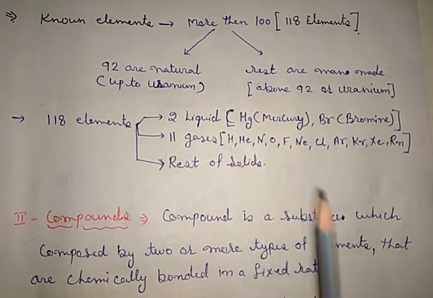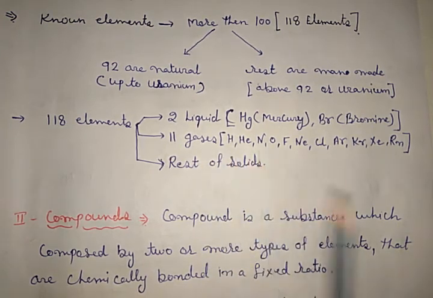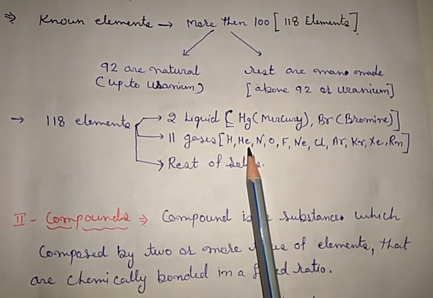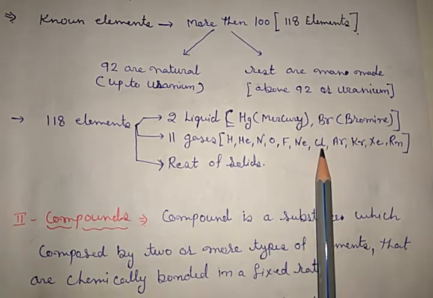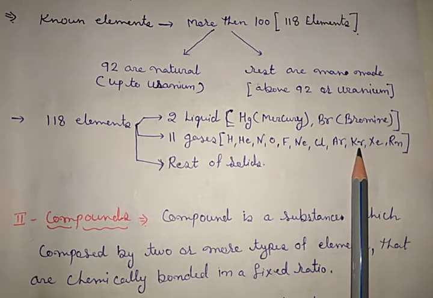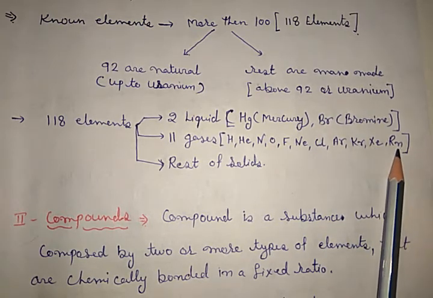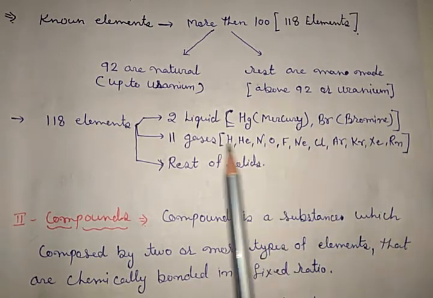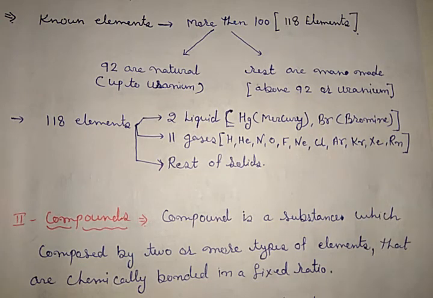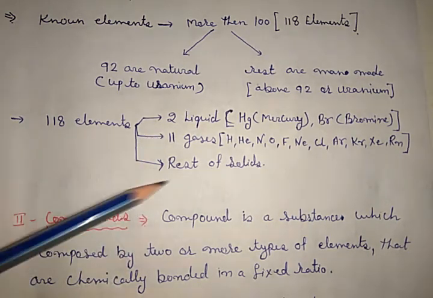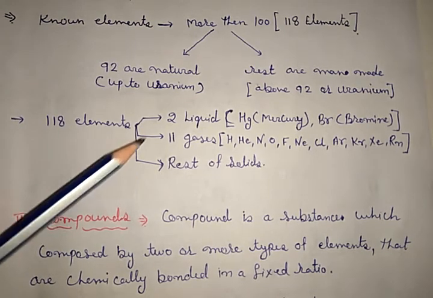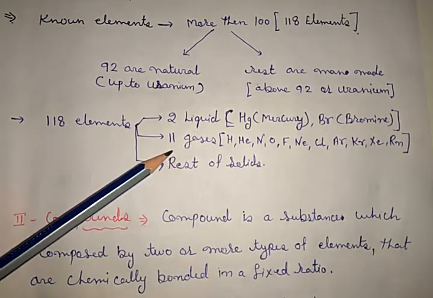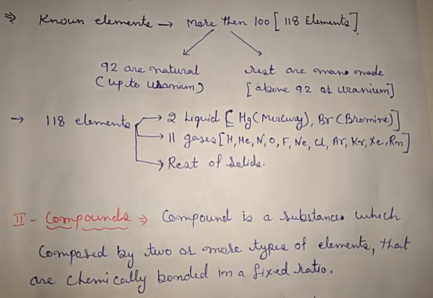And 11 elements are gases, that are hydrogen, helium, nitrogen, oxygen, fluorine, neon, chlorine, argon, krypton, xenon, radon. These 11 elements are found in gas state, while the remaining are solids. So 2 are liquid, 11 are gases, and the rest are solids.